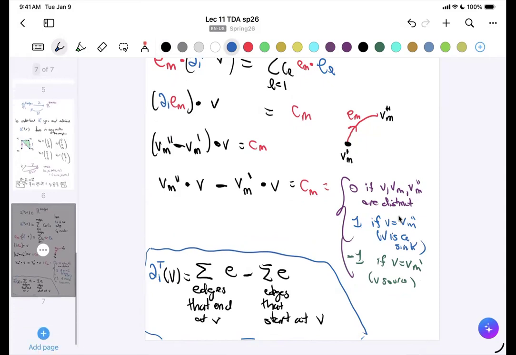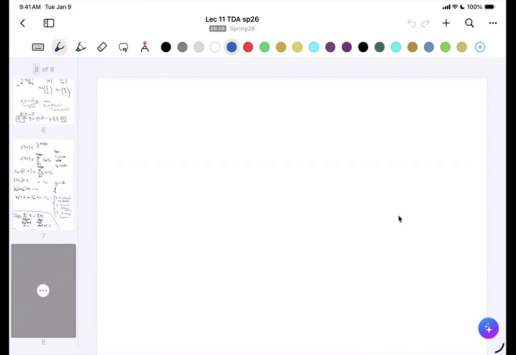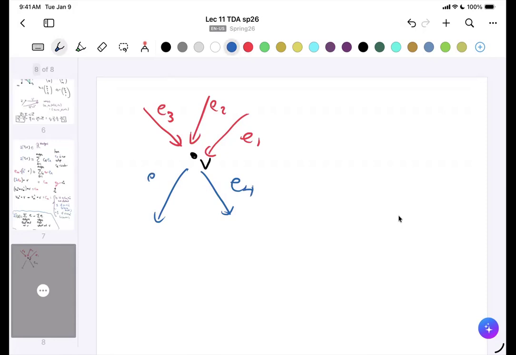Imagine you had a simplicial complex with 3 incoming edges, E1, E2, and E3, that terminate at V, and then 2 edges, which I'll call E4 and E5, that start at V. Then the transpose of V would be E1 plus E2 plus E3 minus E4 minus E5.